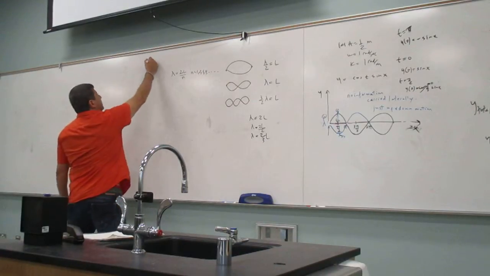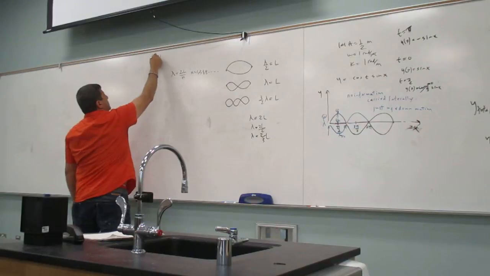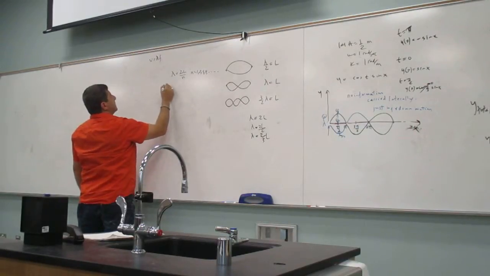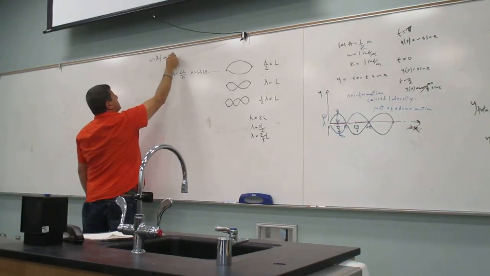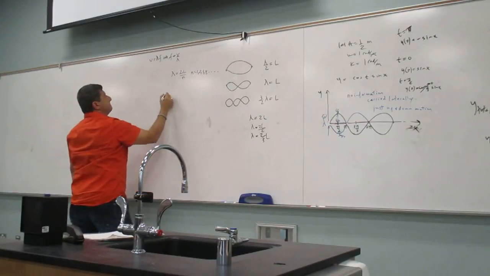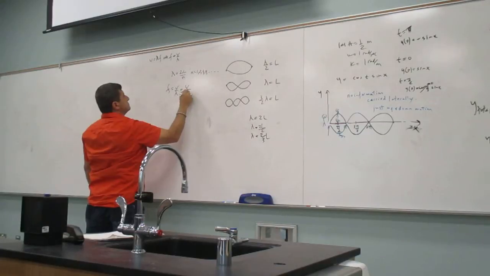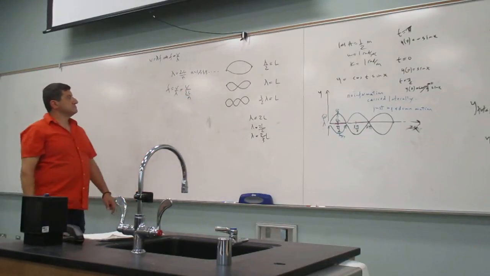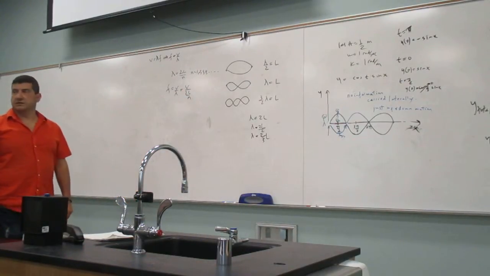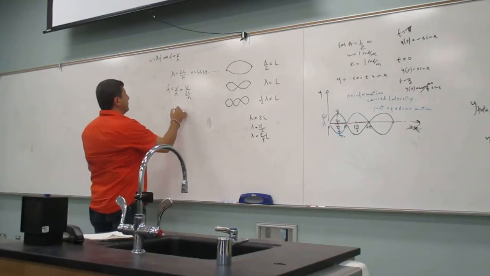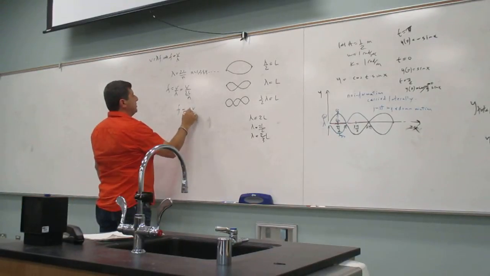So then we can say v is equal to wavelength times frequency. So therefore frequency is v over lambda. Okay? Then we have here what? f is equal to nv over 2L.